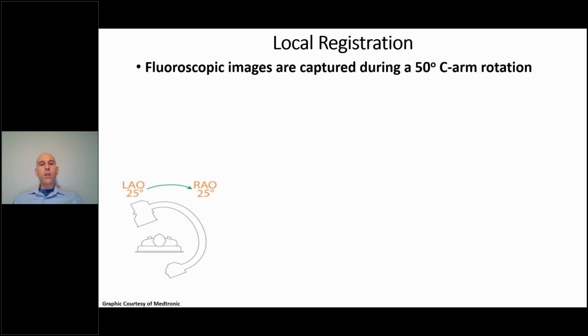And one of the ways that that's done with the ILLUMISITE system is this process called a local registration. So basically, once the lesion is located during the navigation phase of the procedure, you have the option to launch the local registration. And once you do that, you can then have the patient set up in the appropriate positioning, fluoroscopy brought in appropriately, and you start basically 25 degrees in the other direction.